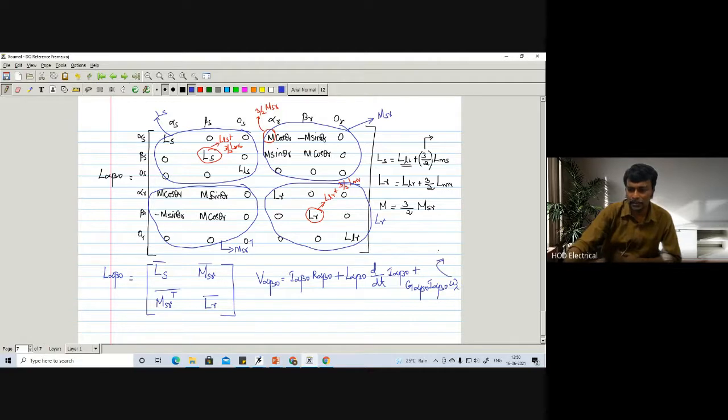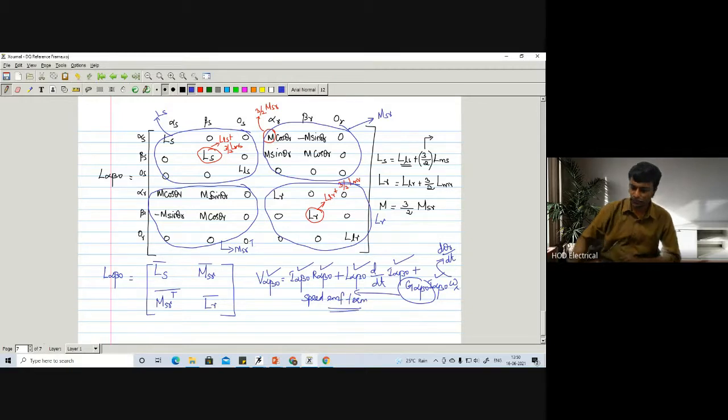This omega r is d theta r by dt. We know all the terms, R alpha beta naught, L alpha beta naught and I alpha beta naught. The only unknown is G alpha beta naught, so we can call it the speed EMF term.